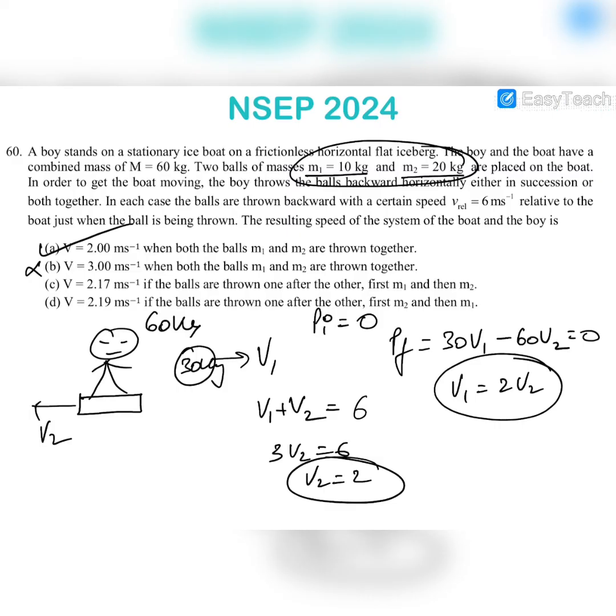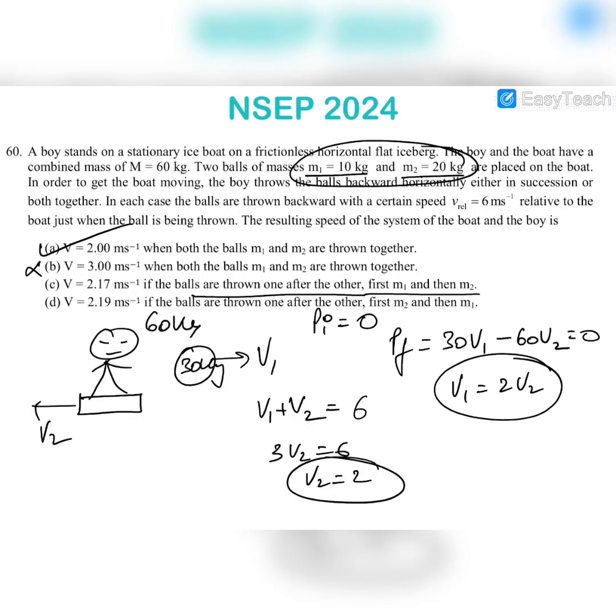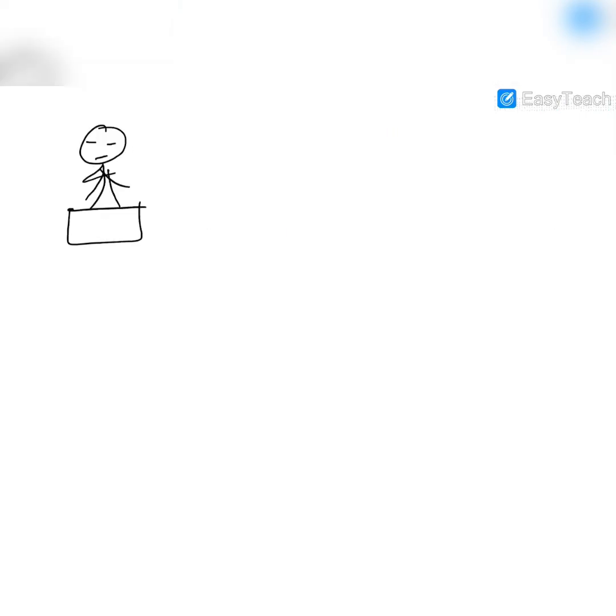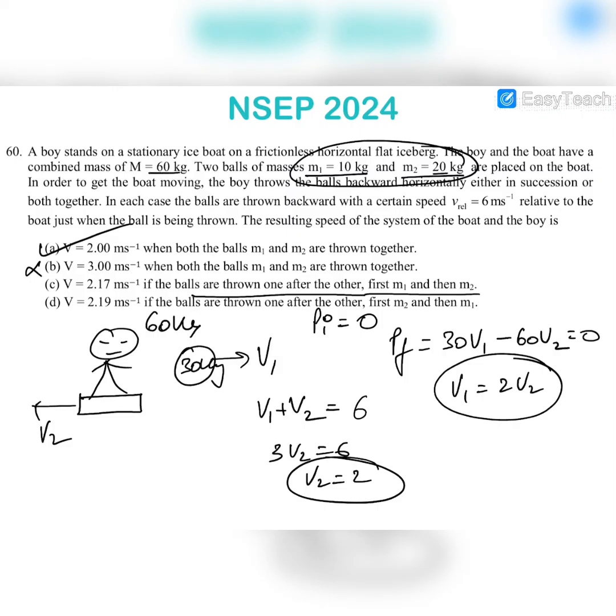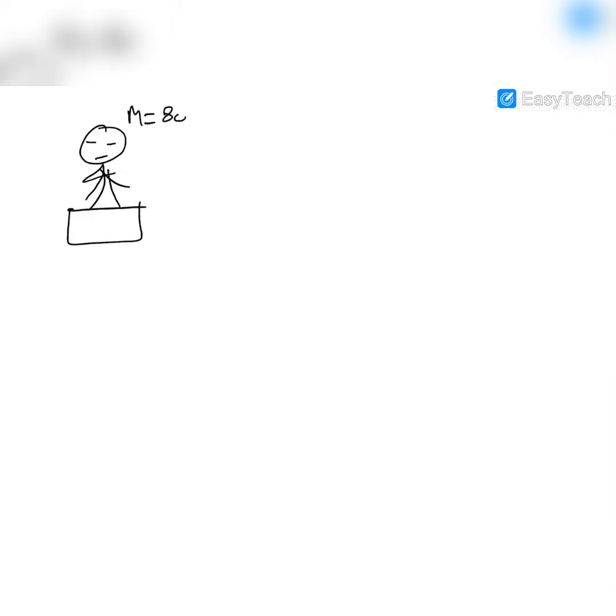In option C, the balls are thrown one after the other, first m1 and then m2. Let us see the scenario: first the boy throws the ball of mass m1, which is 10 kg, in the forward direction, and the remaining mass of the system is 60 plus 20, that is 80 kg.